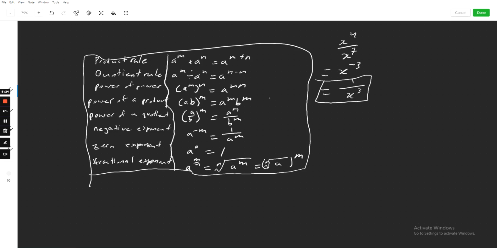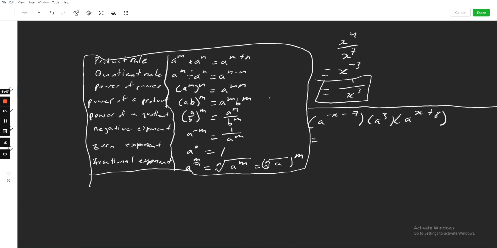And moving on to the next example, we have bracket a to the power of negative x minus 7, bracket a cubed, bracket a to the power of x plus 8. When we're multiplying, we just add all the exponents.